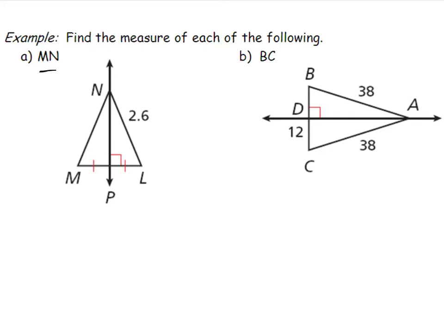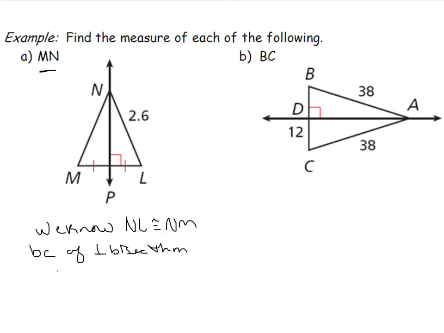So what's going to happen is I want you to think about this proof-wise. What do we know? Well, we know, sorry for my handwriting, it's been a while since I've done this. We know from the picture that NL has to be congruent to NM. And the reason why, you guys, is because of what we just learned, the perpendicular bisector theorem.